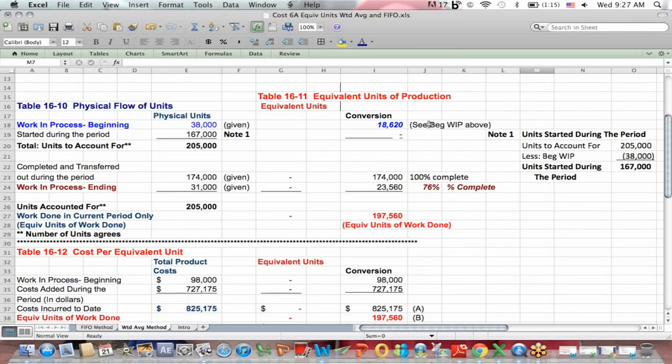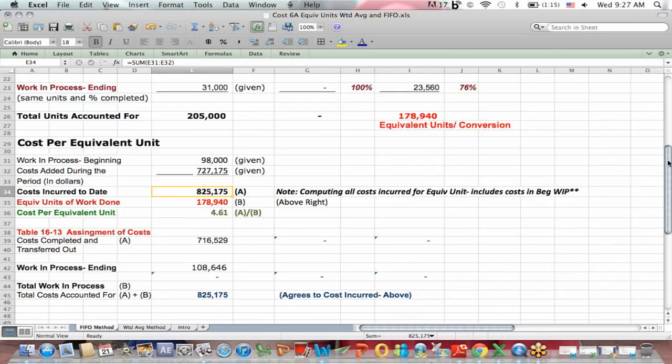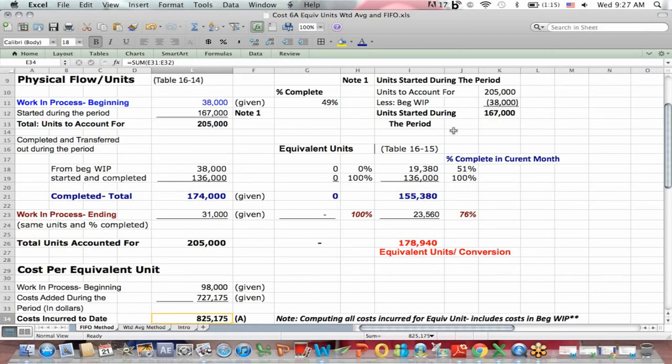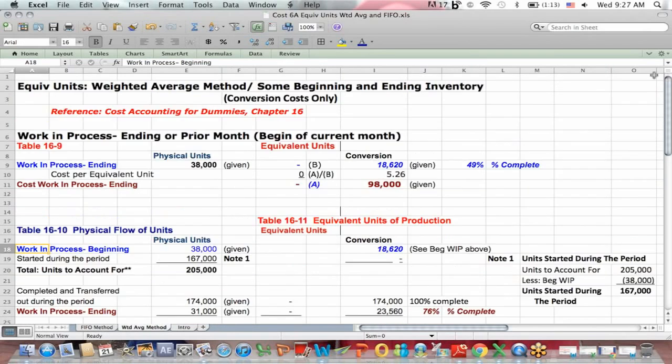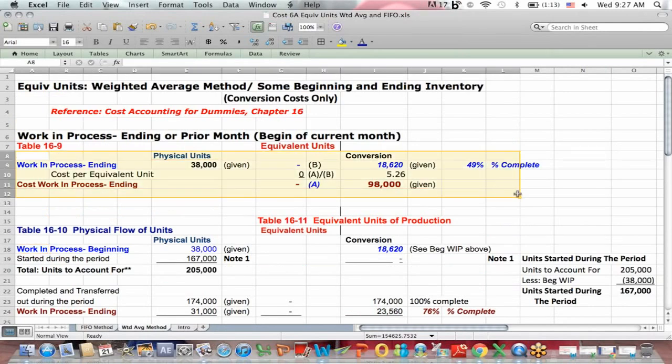So in this example, you'll see before we did for beginning work in process, there's the 19,380. In this instance, with weighted average, we calculate the cost per equivalent unit up above, and we plug it in down here. So you can see how the units are computed up here for equivalent units of production, and we plug it in down here.